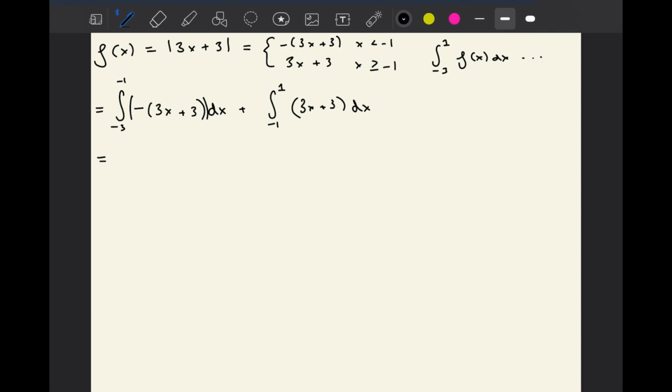Over here we're going to have negative 3x squared over 2, and then I just carry out the negative sign.